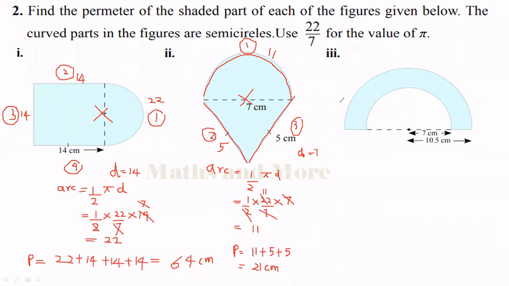Yes. Now look at the third one. When we find the perimeter of the third figure, which line should be added? There's a bigger semicircular line and a smaller semicircular line. So you have to add the bigger semicircular line, and from here to here distance, from here to here.